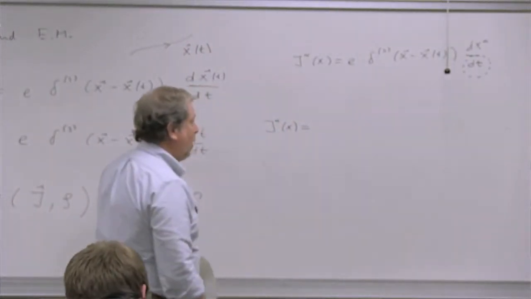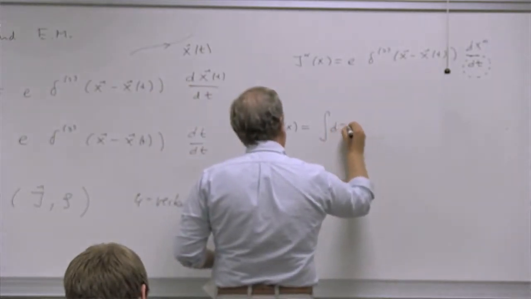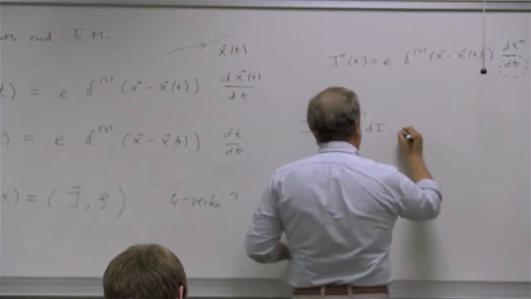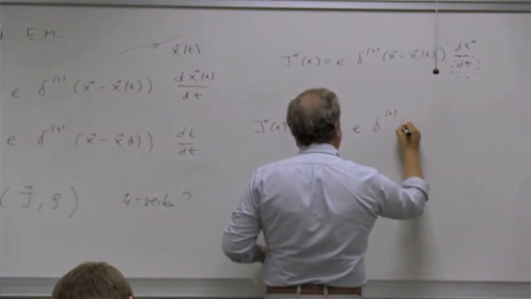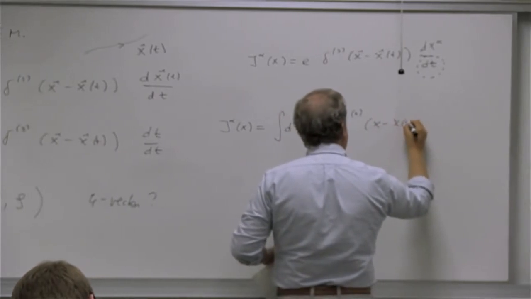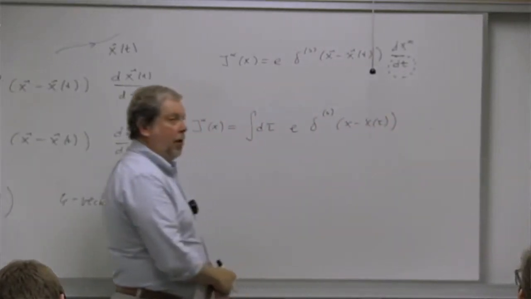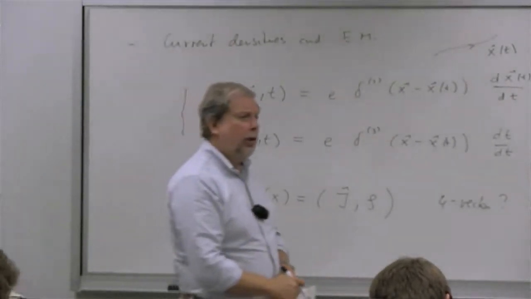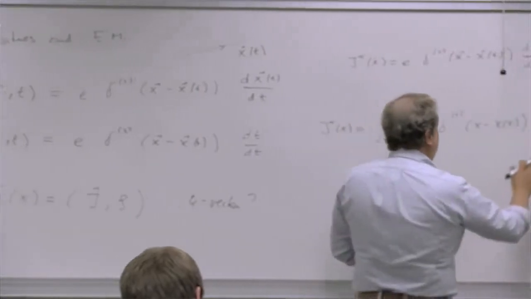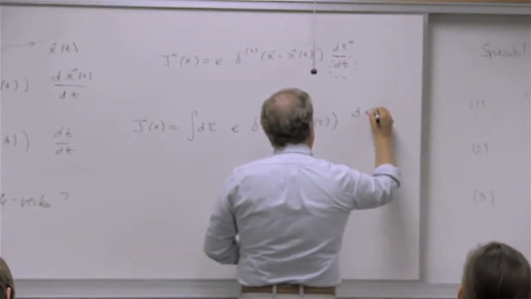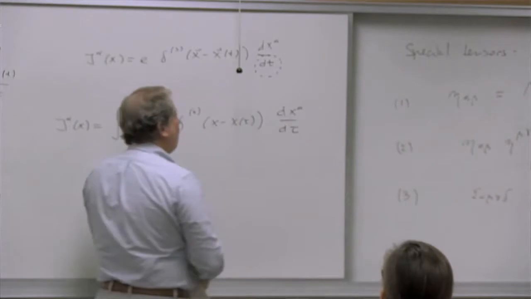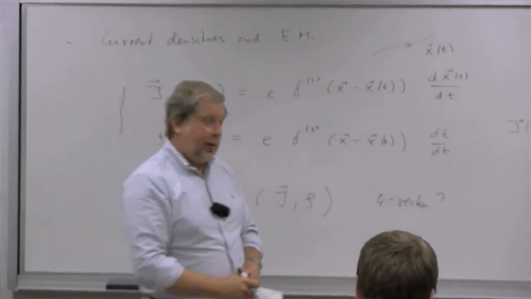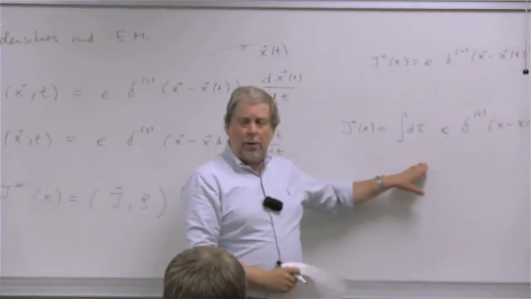I can rewrite it as an integral over proper time, d tau, of e times delta 4 of x minus x of tau, so I replace the delta 3 by a delta 4, which means I get an extra delta function in the tau variable, and then times dx alpha by d tau.